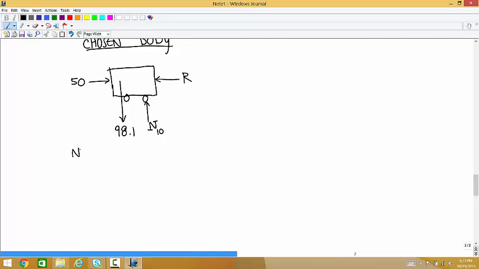And now we'll plug this into Newton's second law. The 50 acts in the positive x direction, so that's 50, 0. The 98.1 acts in the negative y direction, so 0, negative 98.1.